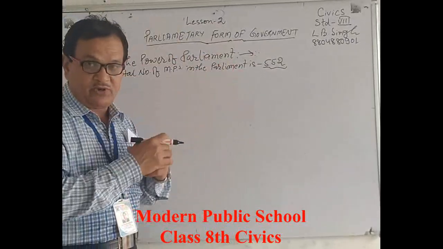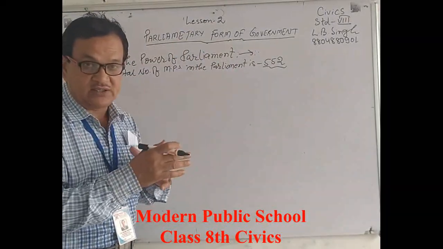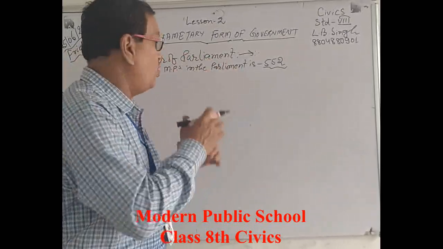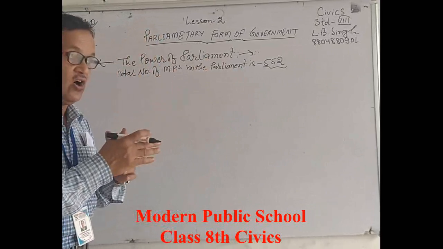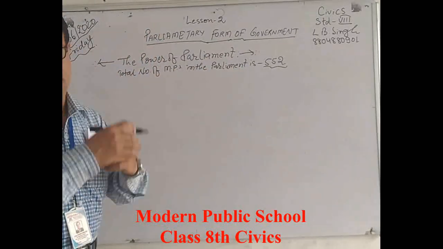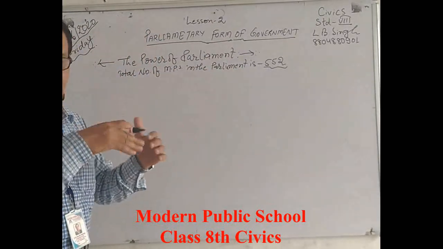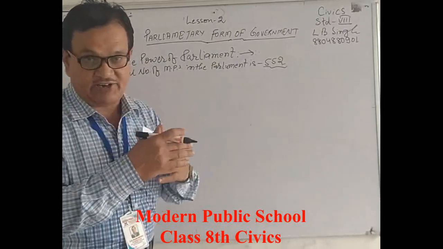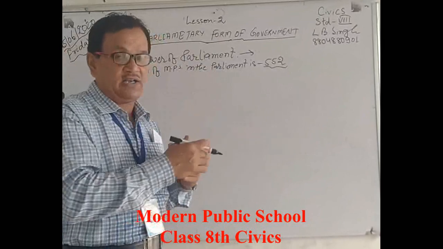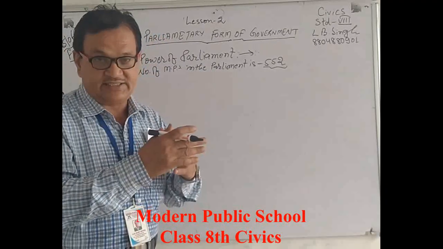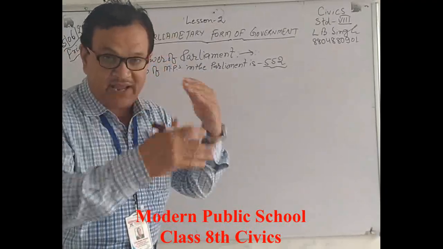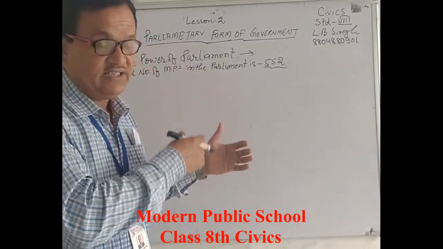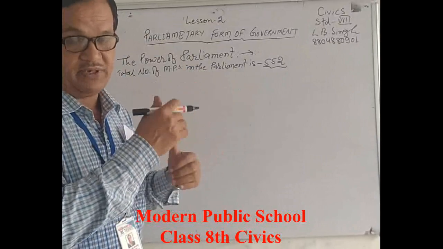Why is it called the predominant house? Because it has a lot of members who make the laws for the country. And the law which is not good for the country and was made by the parliament is amended again by the members of the legislature, that means MPs.